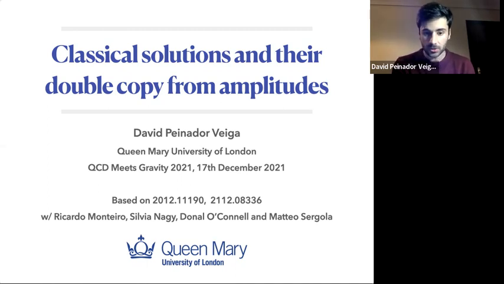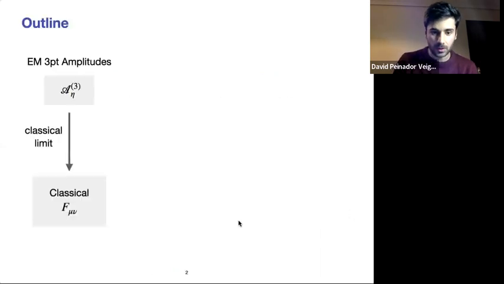I'm going to try to show you how to get the classical double copies from the classical limit of the BCJ double copy using the KMOC formalism. In order to do that, we will start by looking at the very humble 3-point amplitude in electromagnetism of a scalar particle emitting a photon. And we'll show that that is actually enough to compute the classical field emitted by a static particle.